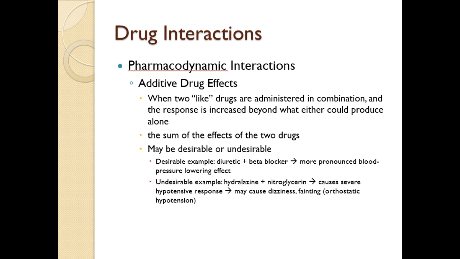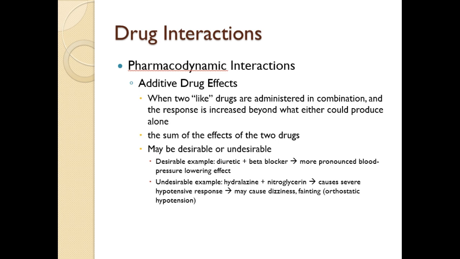So additive drug effects could be desirable or undesirable. For example, you have your diuretic plus a beta blocker. Both are different kinds of antihypertensive agents. So we could combine this because we want a stronger, more pronounced blood pressure lowering effect. Another one is your hydralazine and your nitroglycerin.